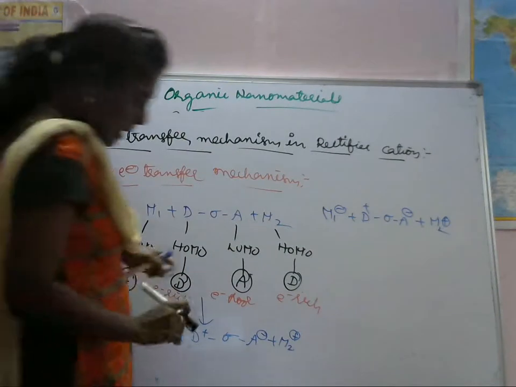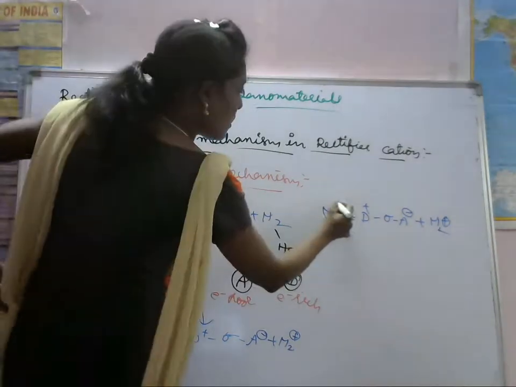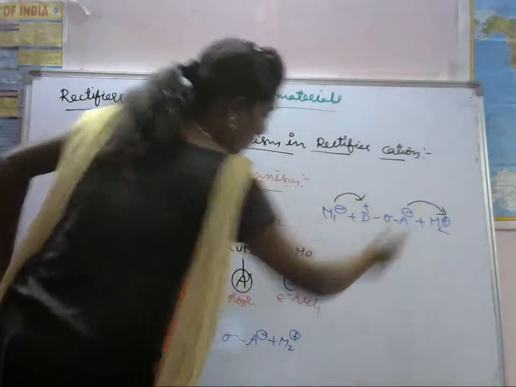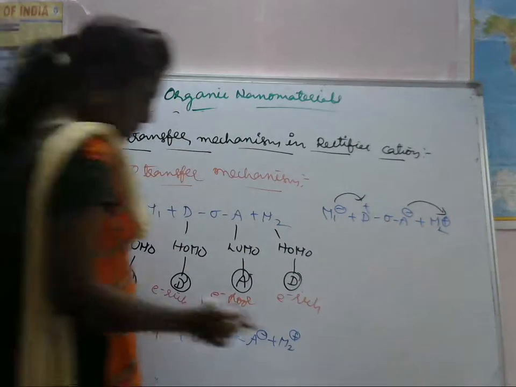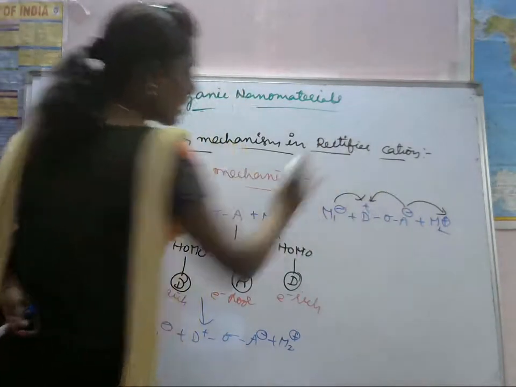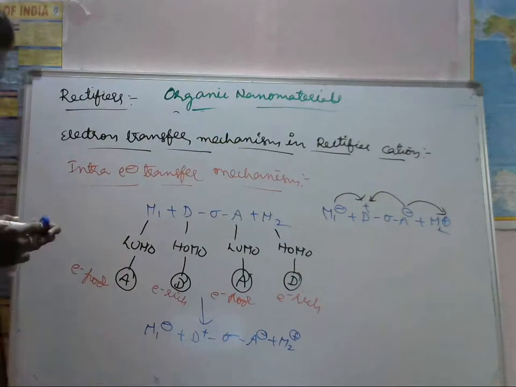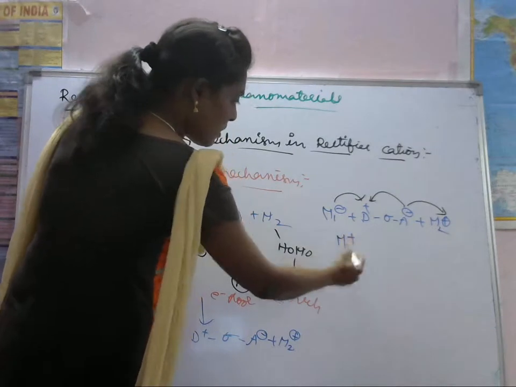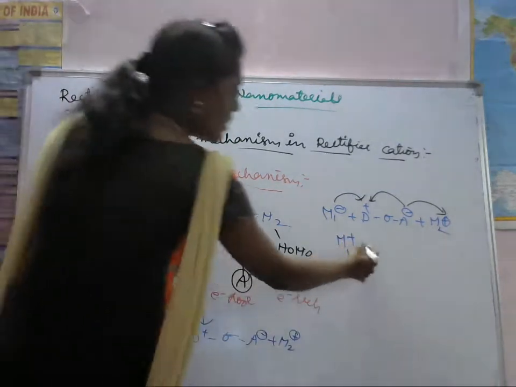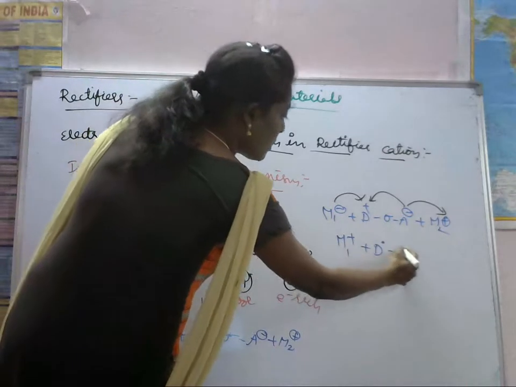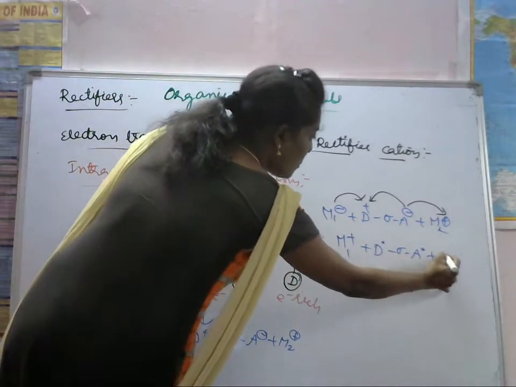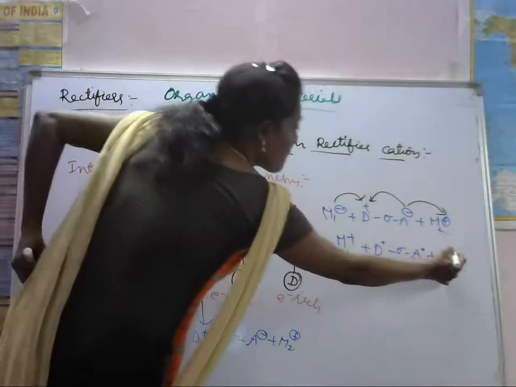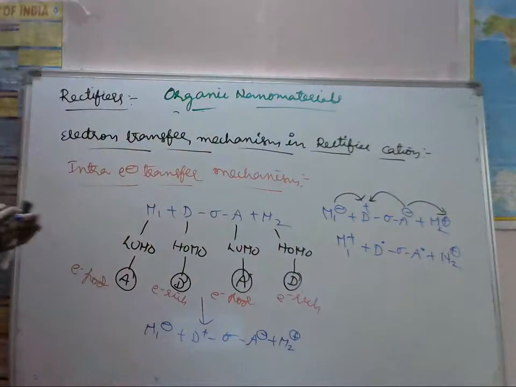So here in this one, if it donates an electron to this one, and if it donates an electron to this one, what will happen here? Otherwise if it donates an electron to this one, what will happen? Here it forms M1 plus and D, it is having this one, M2 plus.